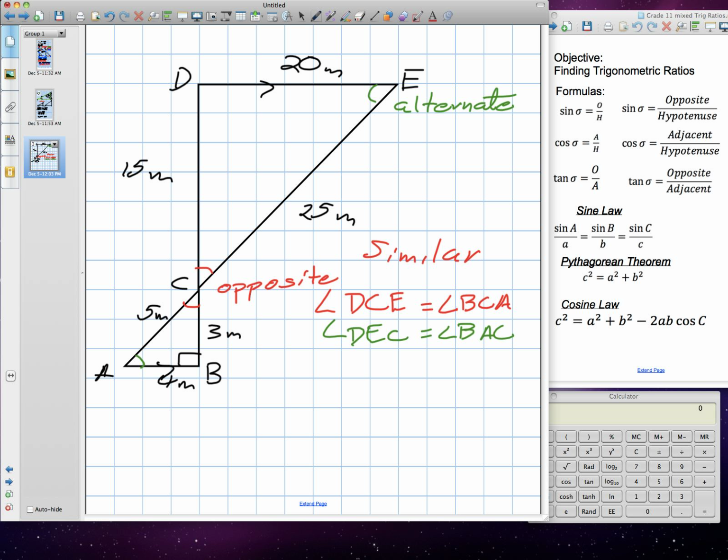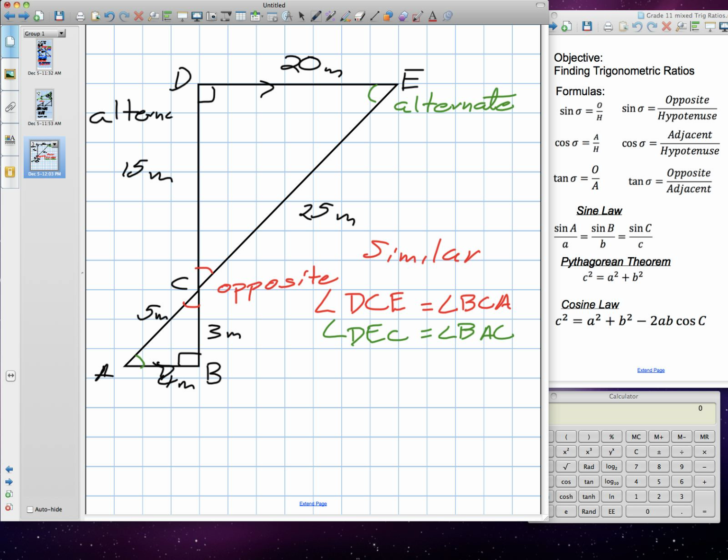And what about our last two angles, which are B and D? We know two, that's right. So we can prove the last one's going to be equal if the first two were. By logic, by elimination, the other two have to be equal. We know it's going to be a right angle because the one below it is a right angle. We can also, again, use our alternate angle rule. We have two parallel lines, and we have a straight line, well, it's perpendicular in this case, going through it.